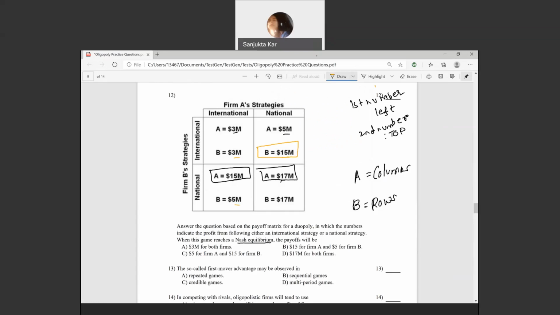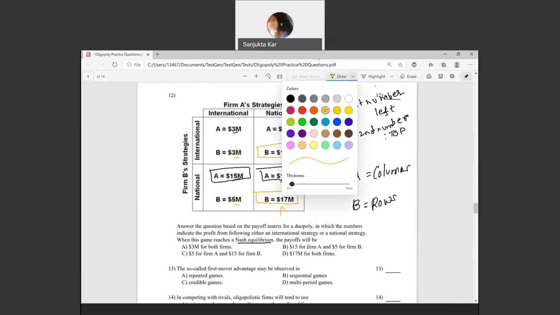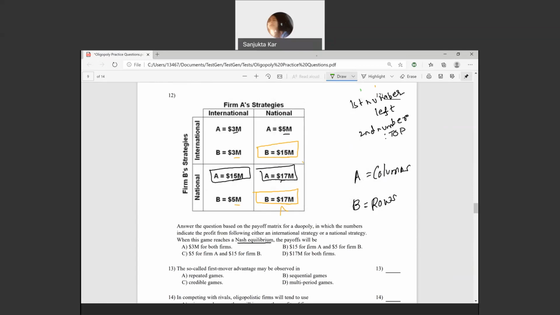So I'm going to be choosing 17. The Nash equilibrium outcome will be this one. Let's use another marker here. This is the Nash. And the payoff for each of them is going to be 17.